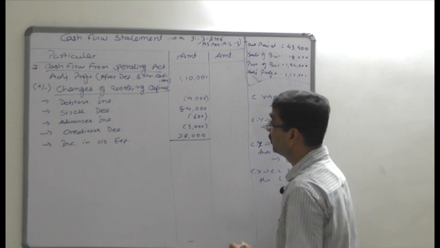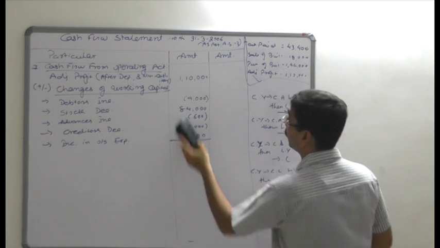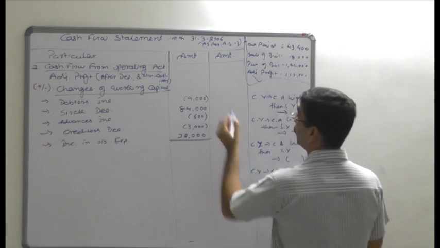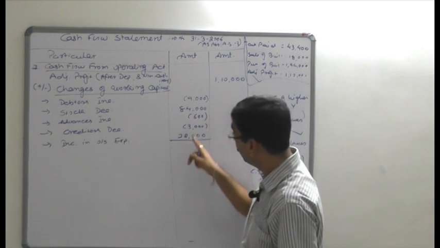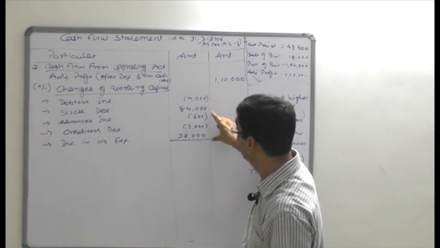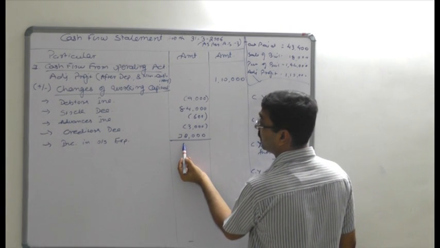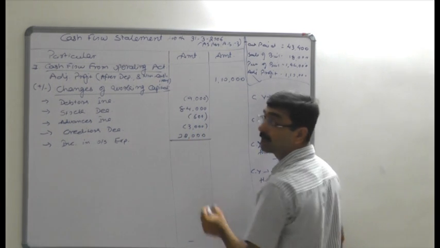Now we'll make the changes of all these 5 and identify the amount of all these 5. Adjusted profit, instead of the first column we will write in the outer column. So 1,10,000 here. Now we will find out the difference of these 5 items. See the positive items 84,000 and 12,000, it comes to 96,000. Negative is 12,600.